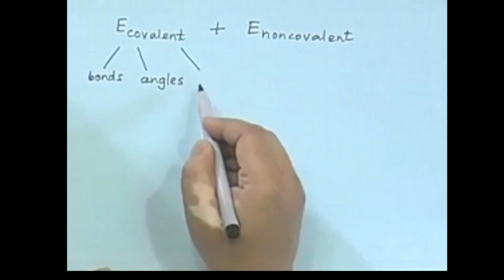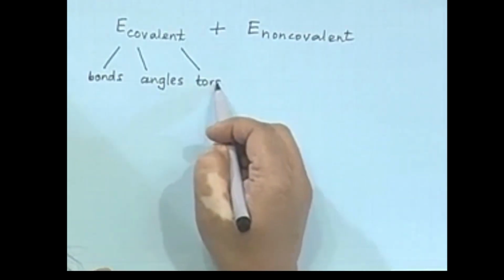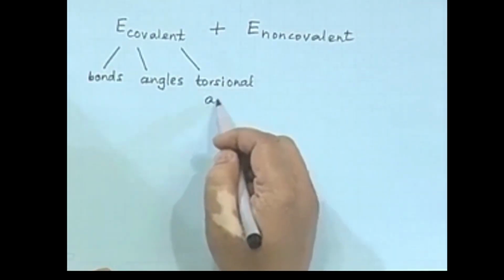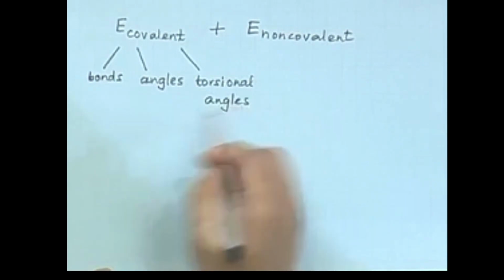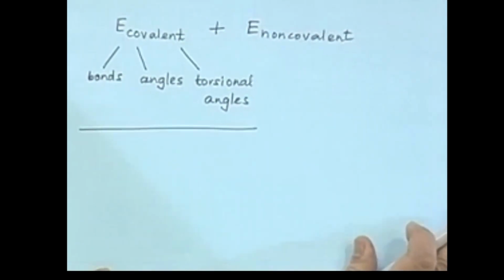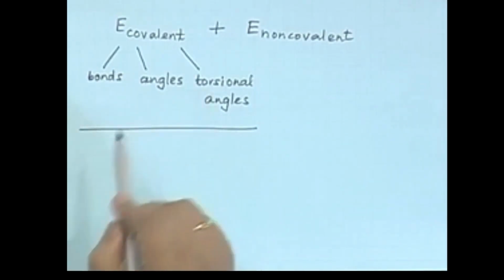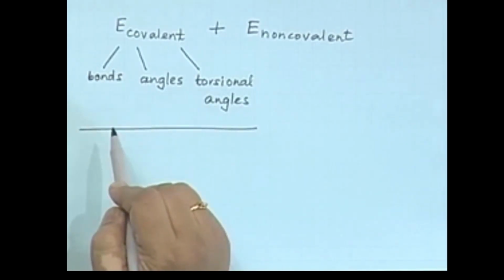So we have energy contributions from these three components under my covalent set, because these are formed from direct linkages.